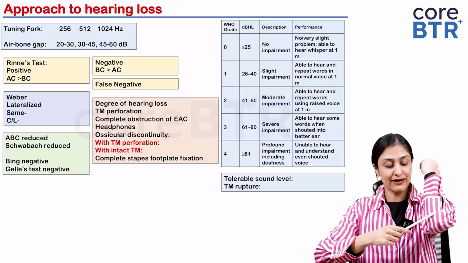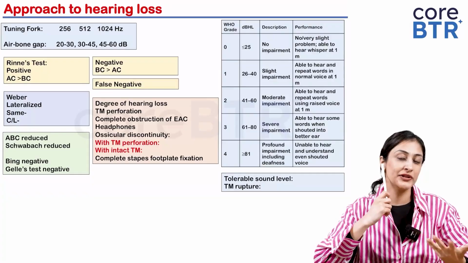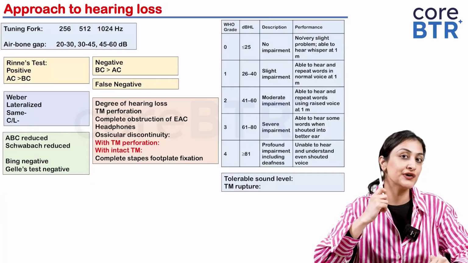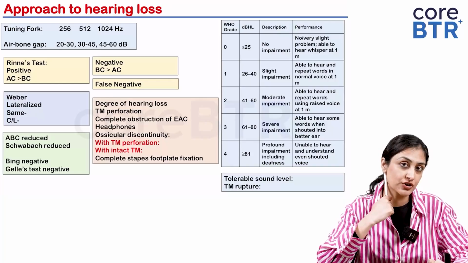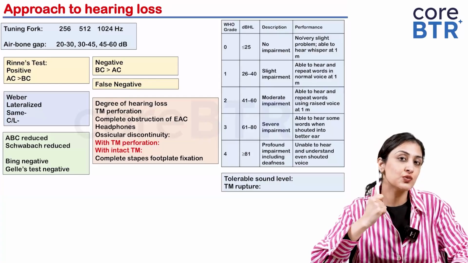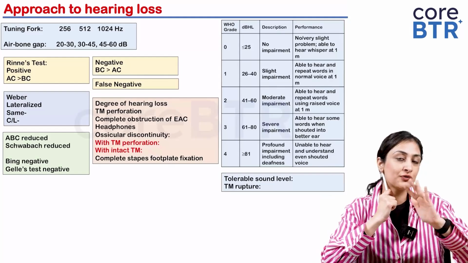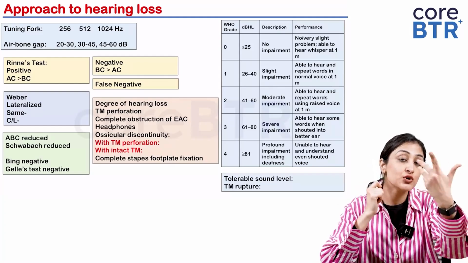So now I vibrate a tuning fork, I keep it near the air conduction. When the patient says I can no longer hear it, I place it on the bone conduction. Should I hear anything? No, because air conduction was better than bone conduction. Or you can invert it: first keep it on the bone, when you stop hearing, keep it here, you should hear.